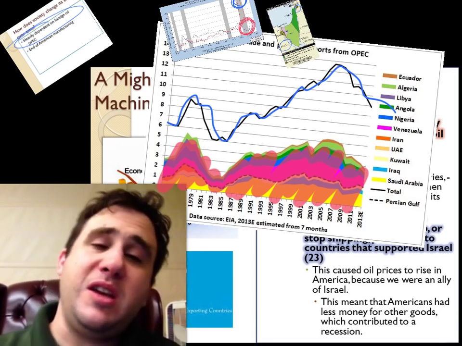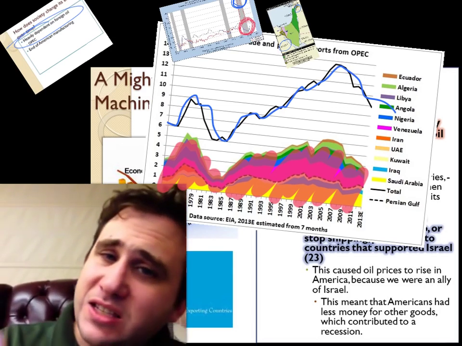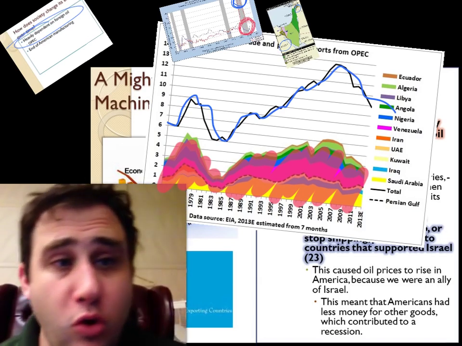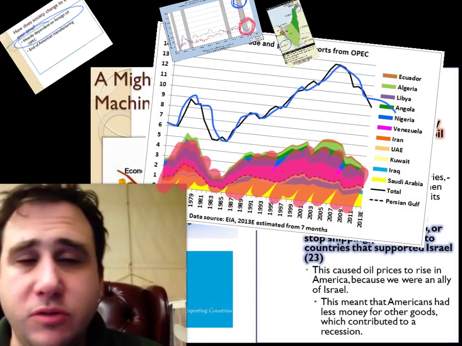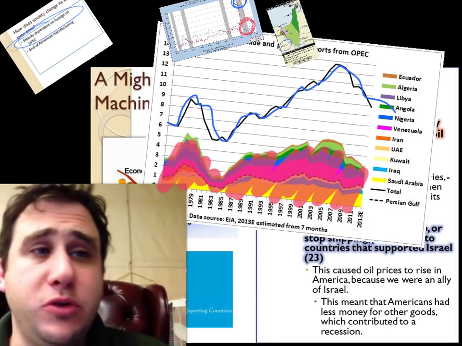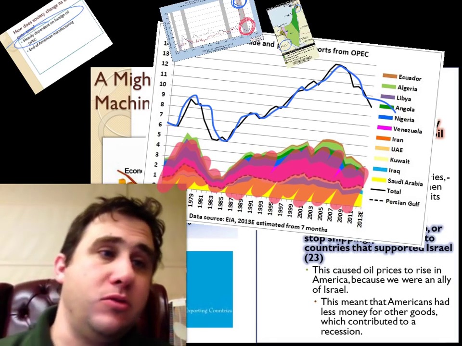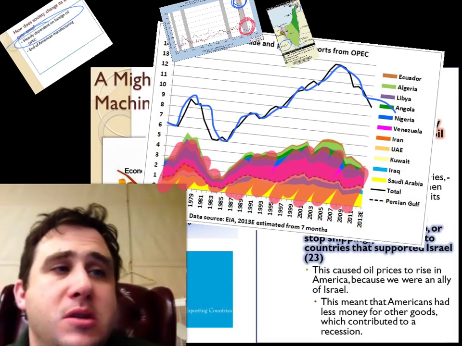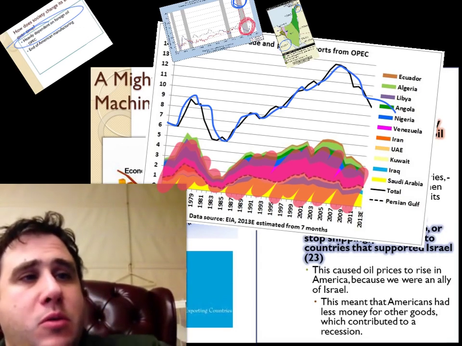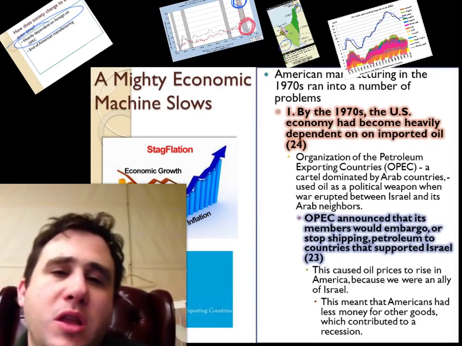And what they begin to do is use oil as a weapon. Most of those countries produce oil in the Middle East, especially Iran and Iraq and Saudi Arabia, and so on. So they begin to use oil as a political weapon.